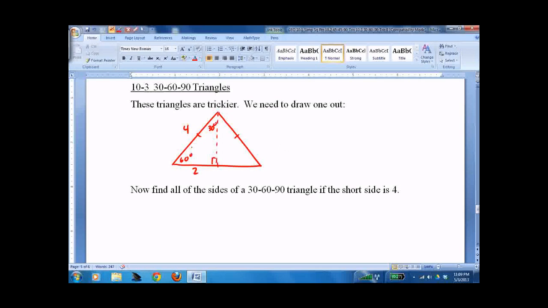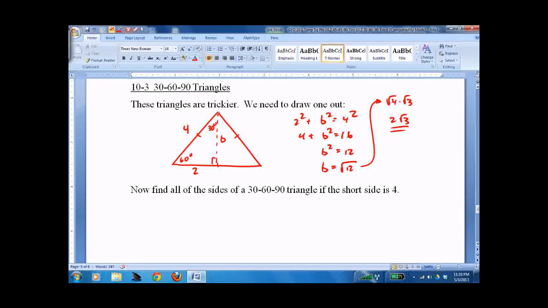So if those are 2 and 4, and this is b, we would say 2 squared plus b squared equals 4 squared. 4 plus b squared equals 16. B squared equals 12. B equals root 12, which is root 4 times root 3, which is 2 root 3.